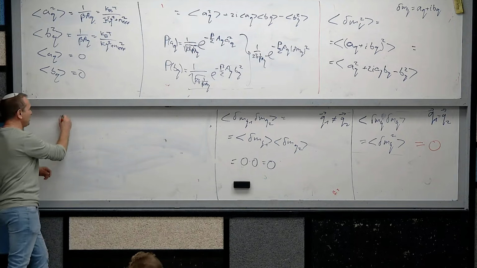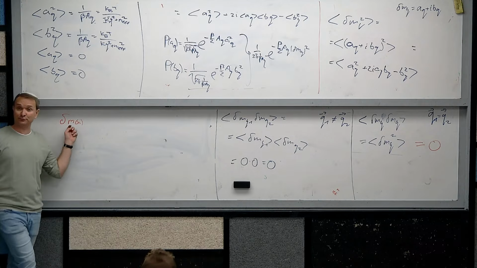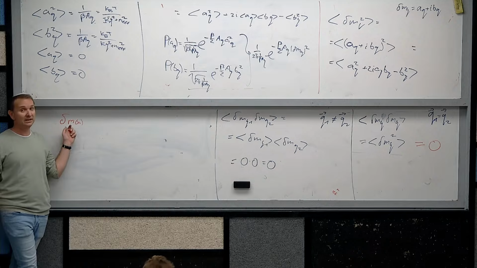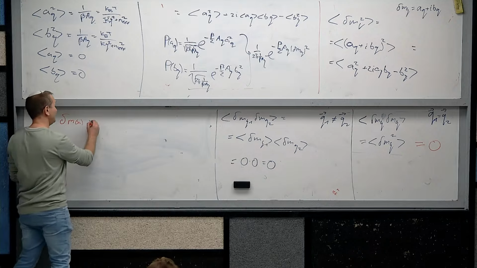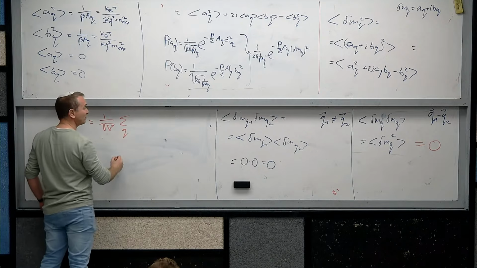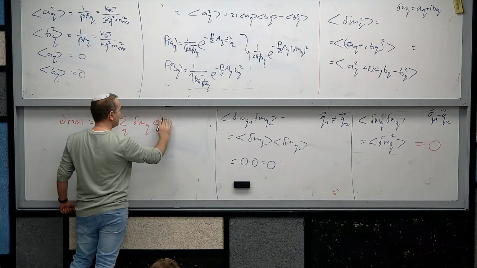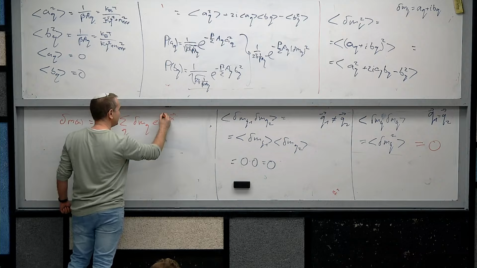I remind you, we have delta m of x, which is real. It's a fluctuation in real space. It's not a complex number. It's real. And it is 1 over square root of V, summation over q of delta m q e to the power i q x.